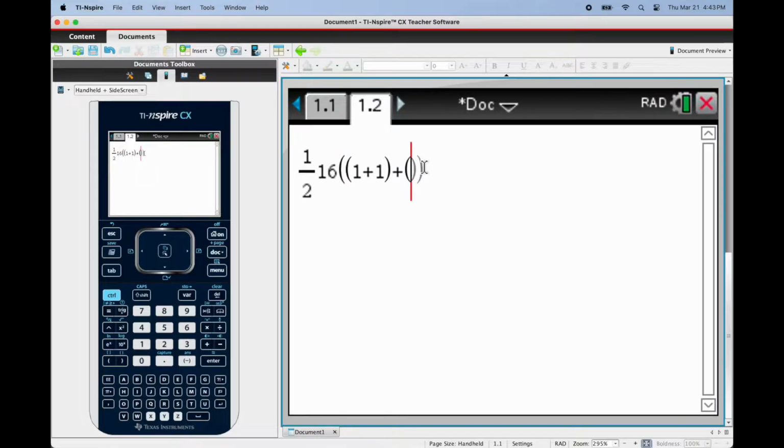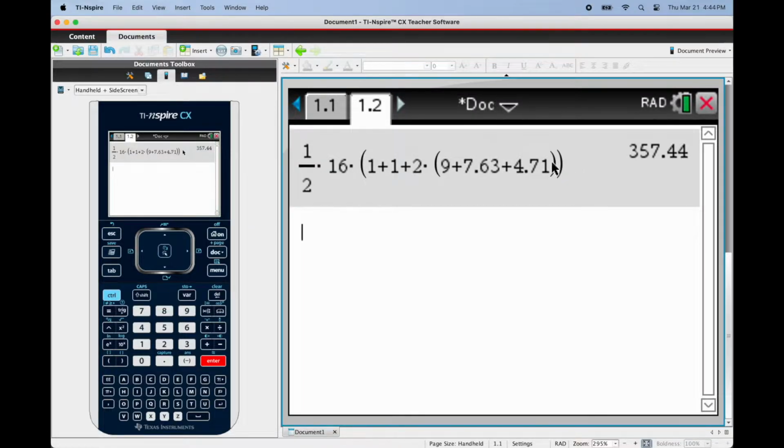So 1 plus 1 plus 2 times, then we had 9 plus 7.63 plus 4.71. All right, we want to make sure that this is multiplied by everything, so we've got this bracket right here, enclosing everything, and there we go. 357.44.